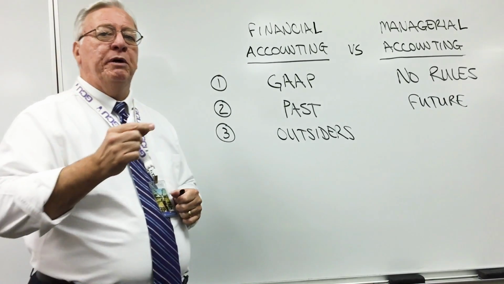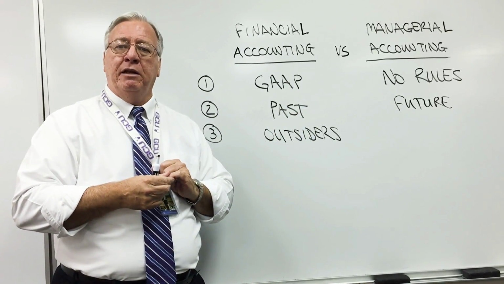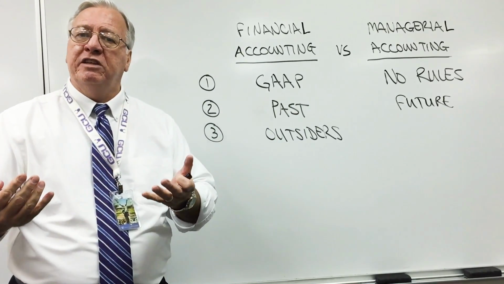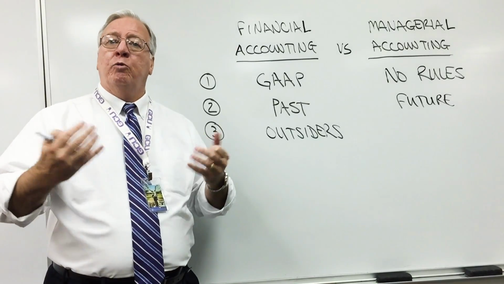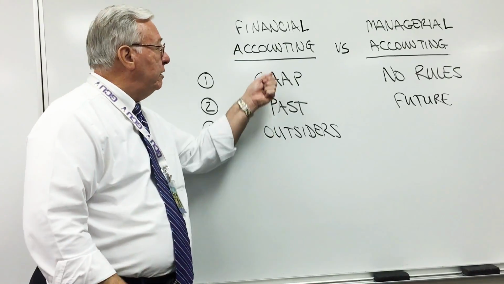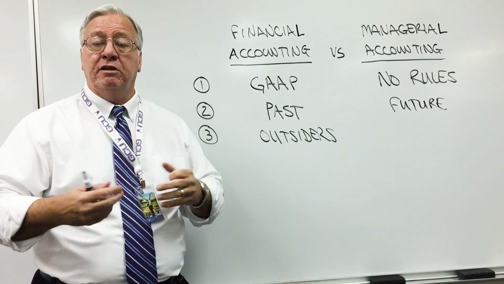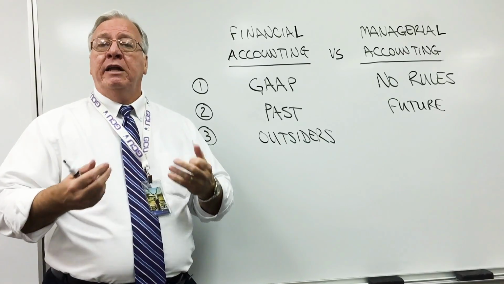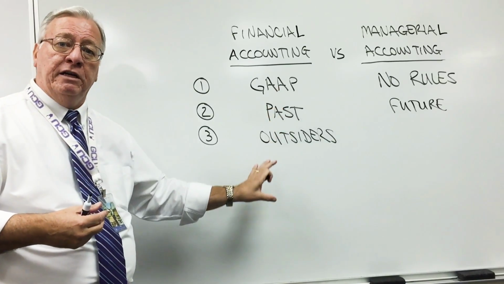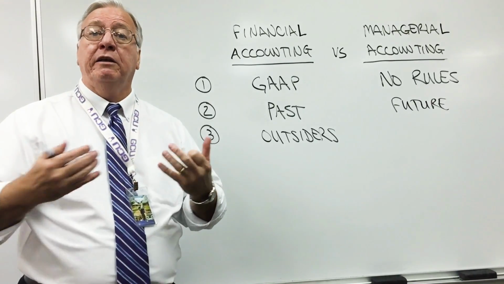Not employees, but people outside, such as creditors, looking at the income statement and the balance sheet to decide whether they can sell to us on account or whether they want us to pay cash. Potential investors, trying to decide whether the company is profitable enough that they want to put their hard-earned money as an investment in the company. Lending institutions, looking at the financial statements to try and decide whether they will be willing to lend the company money or not.